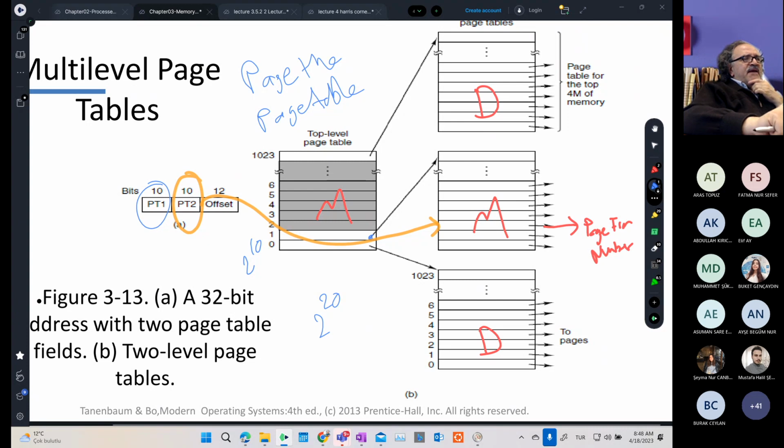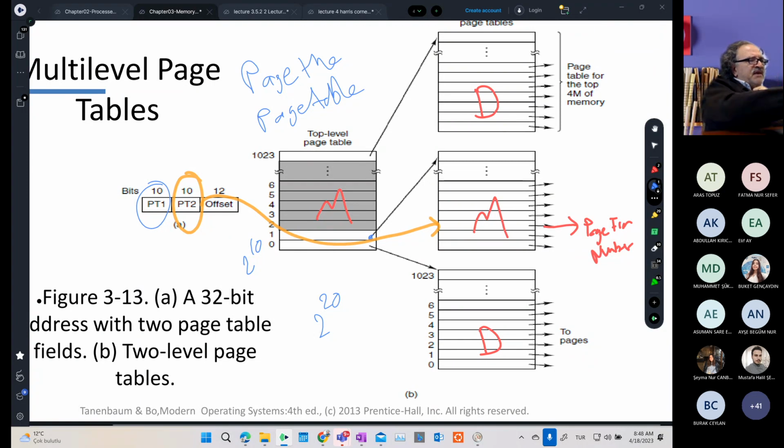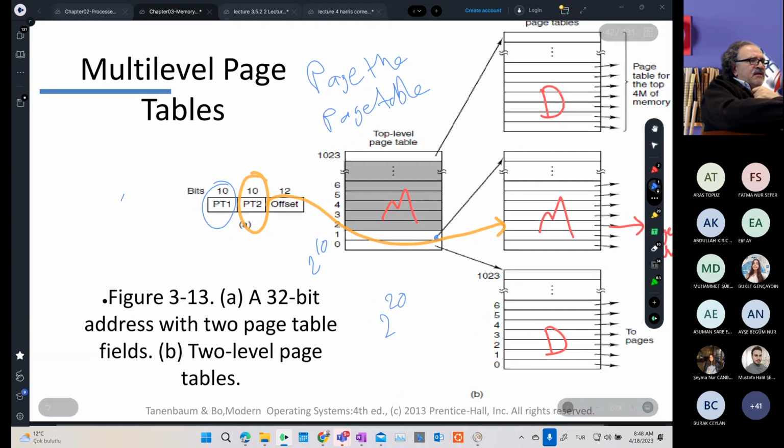Okay, so this way I keep only these two in memory, 1 kilo elements and 1 kilo elements, that's 2 kilo elements, instead of keeping this many, 2 to the 20 elements, in my memory. 2 to the 20 is 1 mega element. Instead of 1 million table entries, I'm just keeping 2000.